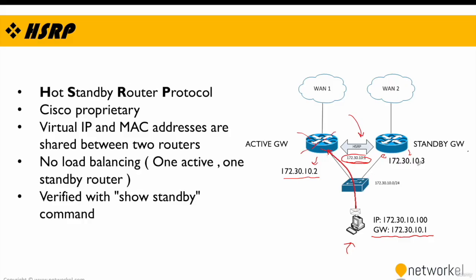Okay, because the gateway was supposed to be 10.3 this time. But when I'm configuring 10.1 as my gateway, even if this router fails, this standby router will take over this virtual IP and then it will continue to work seamlessly from the PC's perspective.